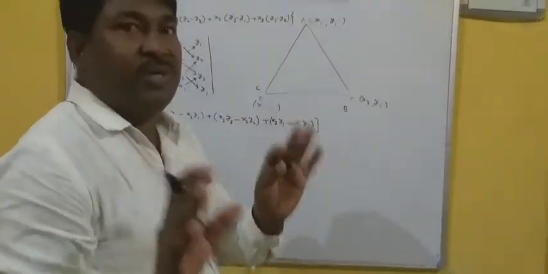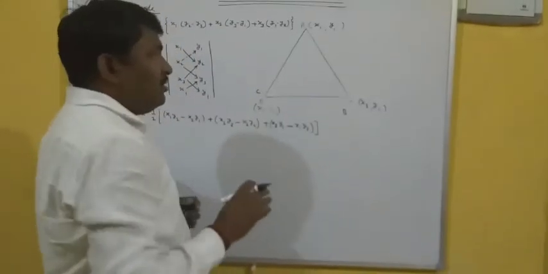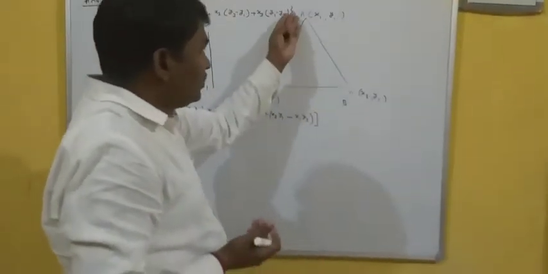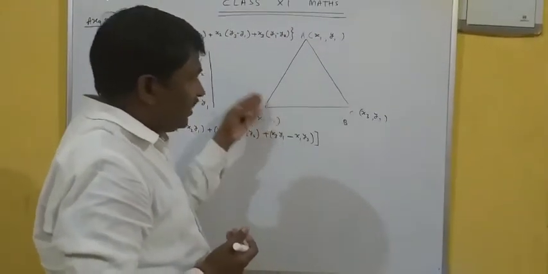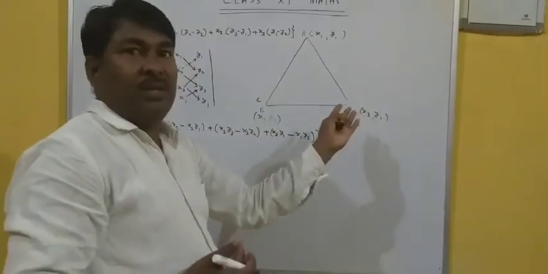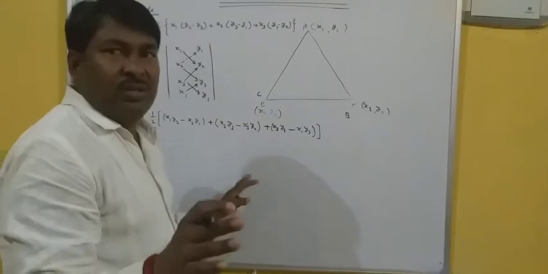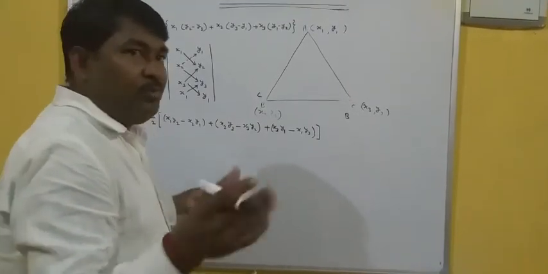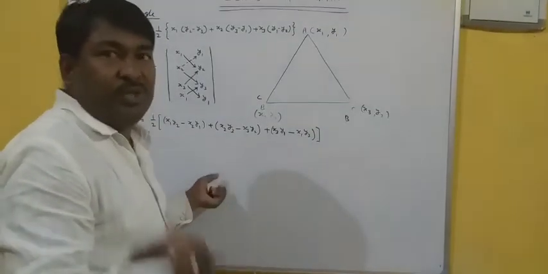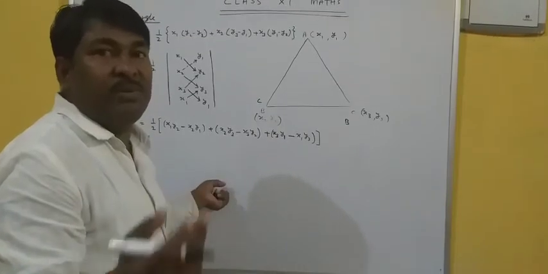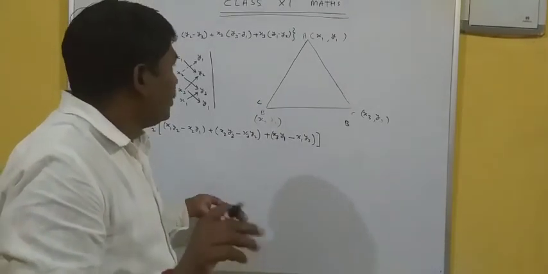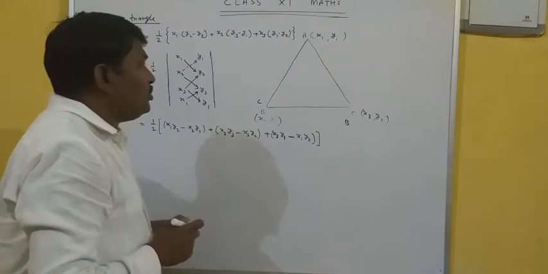Suppose you are given vertices of a triangle, at that time you can consider ABC like this or like this. Then it doesn't matter if you get a negative sign, you only need to consider the positive value, means the magnitude only, since the area can never be negative. Okay, so let's solve one question.